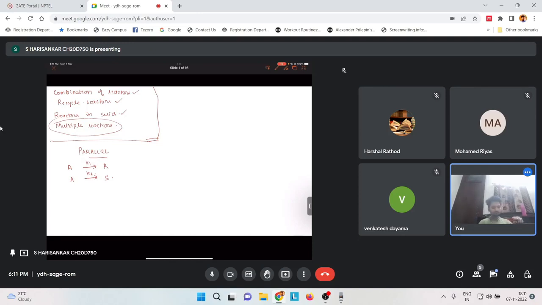So let's say selectivity of R will basically be rate of reaction of R by rate of reaction of S. And if you want to find yield of R, it will basically be rate of reaction of R by rate of reaction of A. So I think we have already looked at how we arrived at these formulas, because selectivity is basically the rate of desired product by rate of undesired product, and yield is the rate of desired product by total reaction rate. Right.